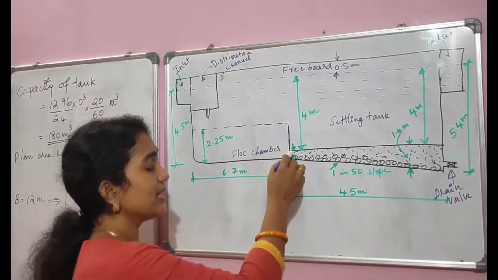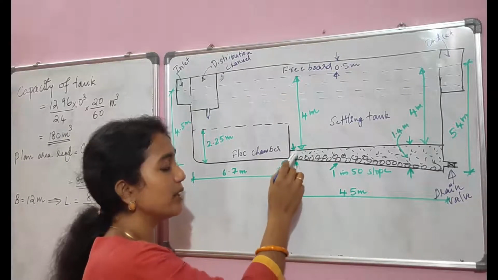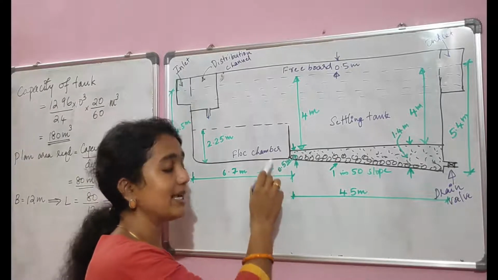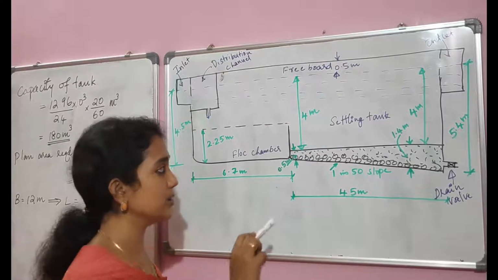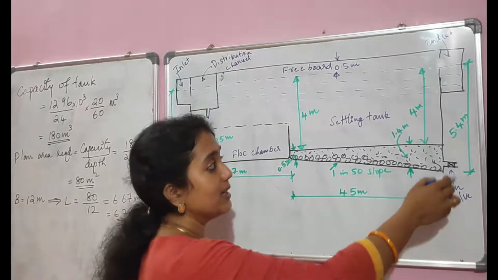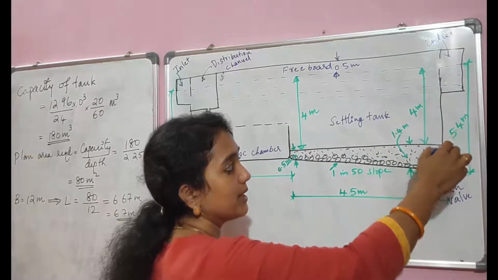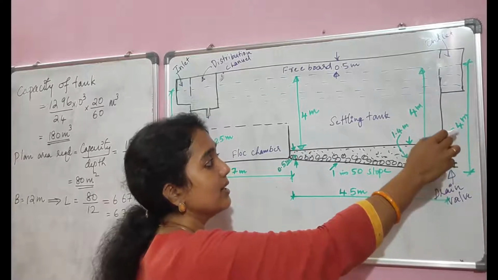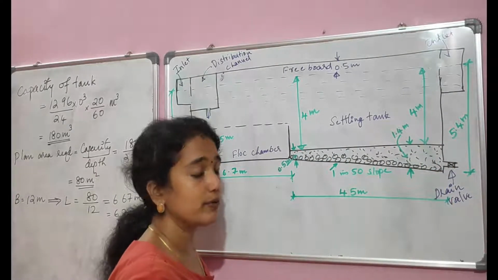At the starting end the total depth should be 4.5 meter by providing an extra depth of 0.5 meter for sediment storage. And at the end of this 45 meter length tank, the total depth should be 5.4 meter that we already calculated, by providing a bed slope of 1:50.